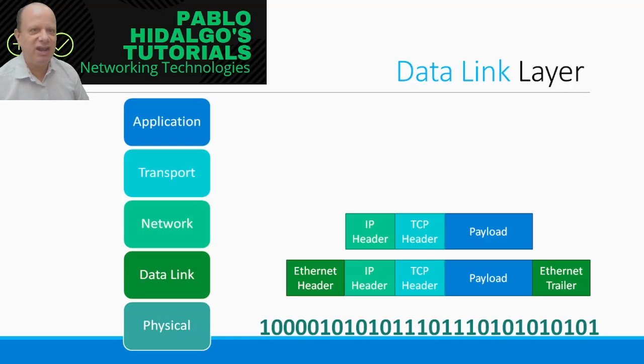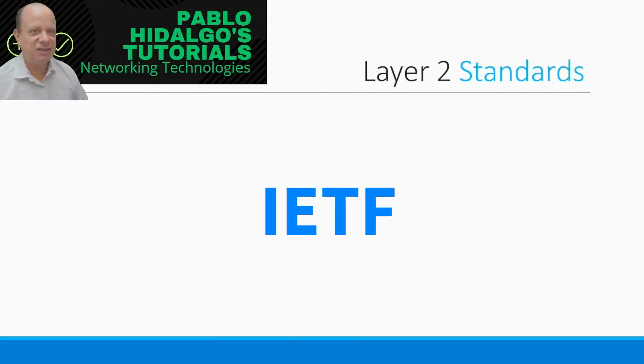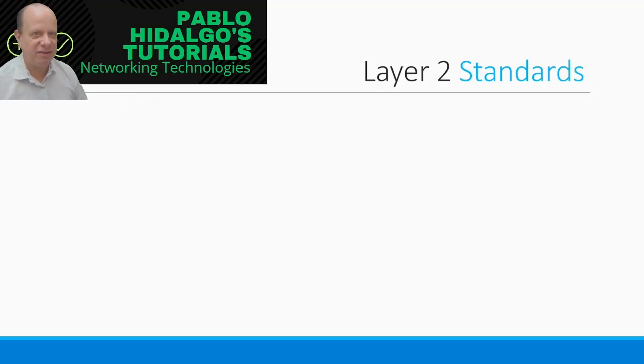The main function of layer 2 is to exchange frames between endpoints over the network media. Also, it performs error detection and rejects damaged frames. The IETF does not define the functions and operation of the TCP/IP lower layers, such as the network access layer.